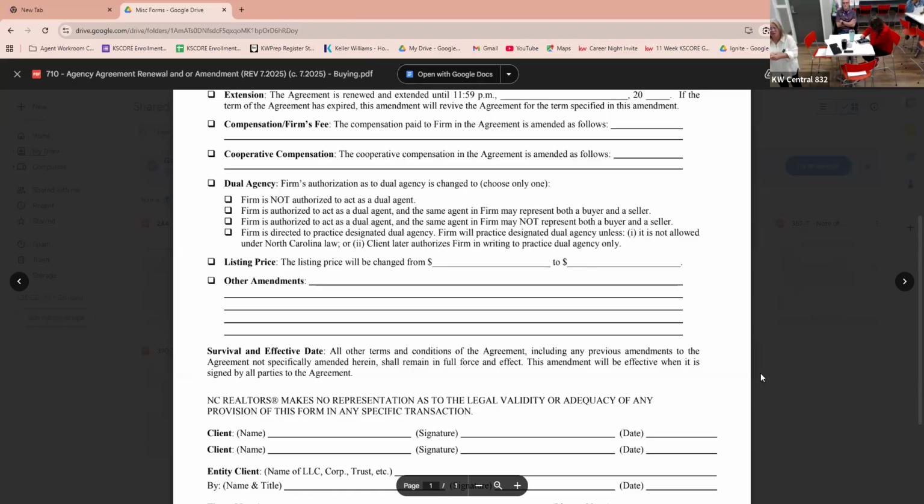Also where you change your list price. Any other amendments? So this might be seller to offer $5,000 in buyer closing costs. We need that permission from the seller in order to advertise that in the MLS. Yep, you got it. Yep, Form 710.